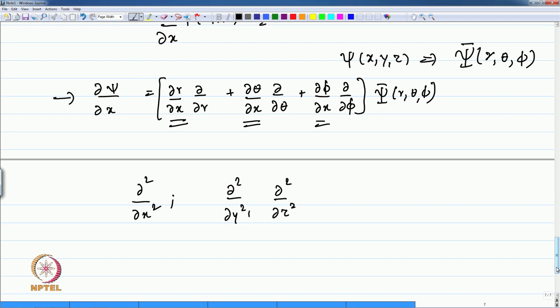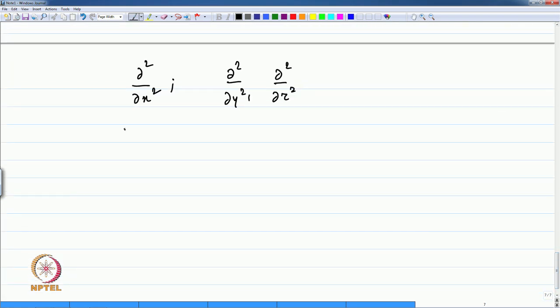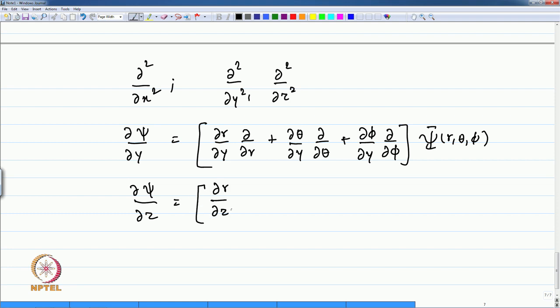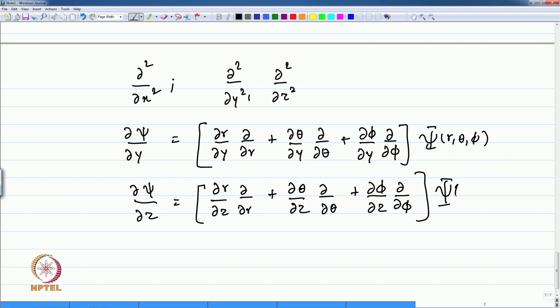Okay. Therefore, let me summarize this particular part of the lecture with the corresponding expressions, namely ∂ψ/∂y as ∂r/∂y ∂/∂r plus ∂θ/∂y ∂/∂θ plus ∂φ/∂y ∂/∂φ acting on the wave function ψ of r, θ and φ, and similarly ∂ψ/∂z as ∂r/∂z ∂/∂r plus ∂θ/∂z ∂/∂θ plus ∂φ/∂z ∂/∂φ acting on the corresponding wave function ψ of r, θ, φ.